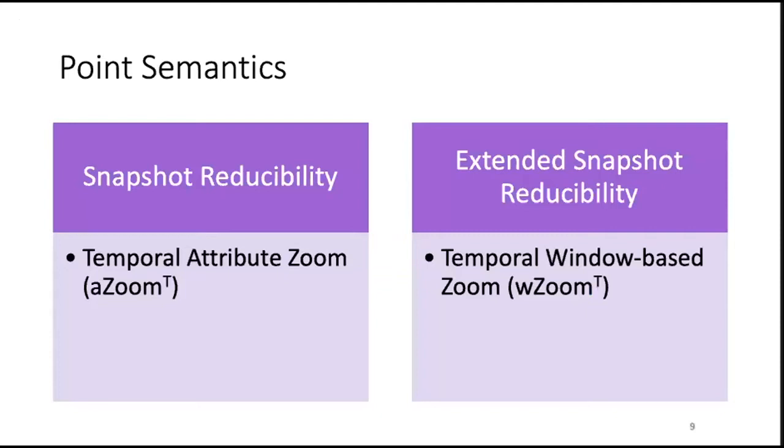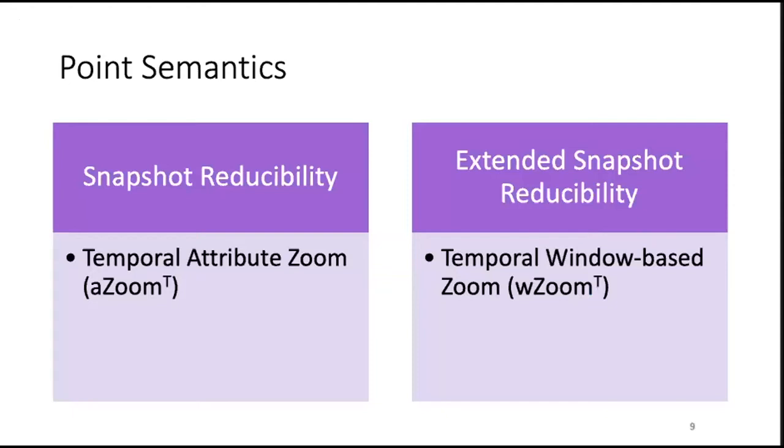Temporal graph algebra, of which A-zoom and W-zoom form part, operates under point semantics with two underlying properties: snapshot reducibility and extended snapshot reducibility. A-zoom executes under snapshot reducibility.